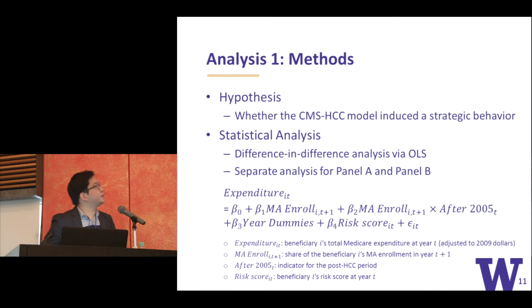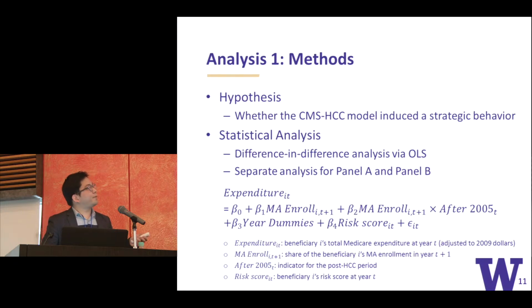And for the first one, to examine whether the CMS-HCC model induced strategic behavior, I ran the difference-in-differences analysis, separately for panel A and panel B. And the coefficients of interest are beta 1 and beta 2.